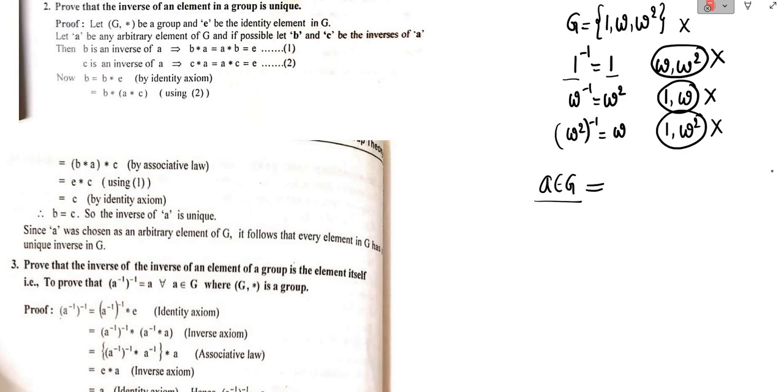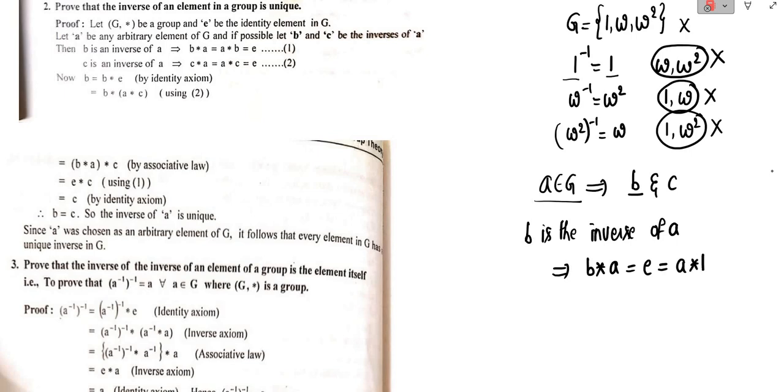For this a, we take b and c as inverses. If b is the inverse of a, by using the inverse law, we can say that b * a = e and also a * b = e.